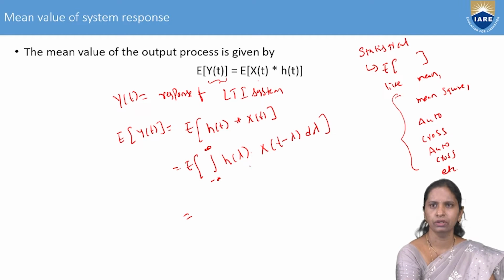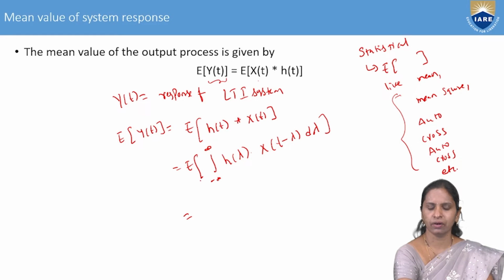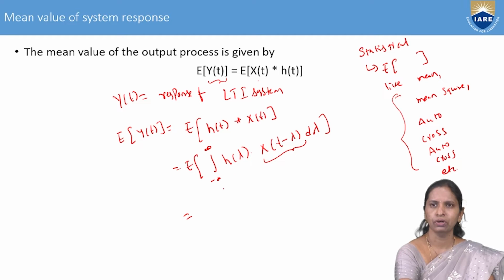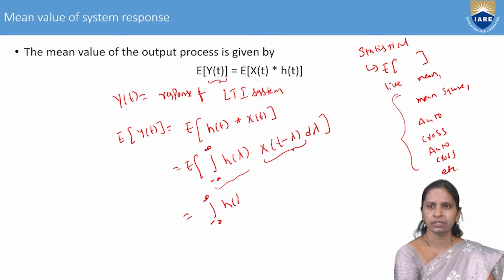In this expectation, I have to calculate the expectation with respect to the random process. Here, h of t is the impulse response and x of t is a random process. Therefore, you can bring the expectation inside: integral of h of lambda, and since this is a random process, that's why I'm writing here expectation of x of t minus lambda d lambda.